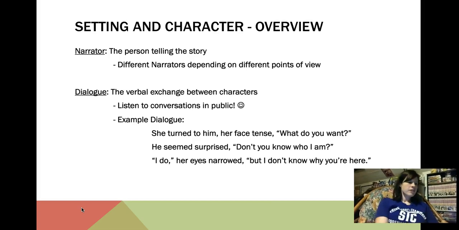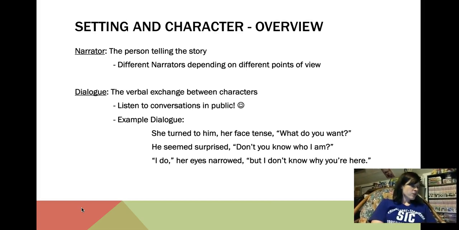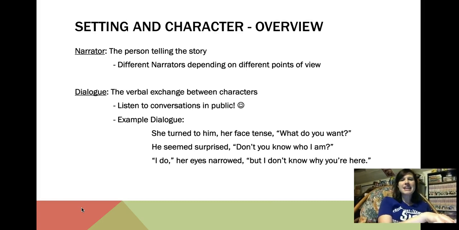All right. So setting, for example, we're going to start with page 56 and 57. Look how far we've come already. But the idea of setting is that depending on the narrator, that depends on the point of view, and also we have things called dialogue, which some stories have lots of dialogue, some have very little.